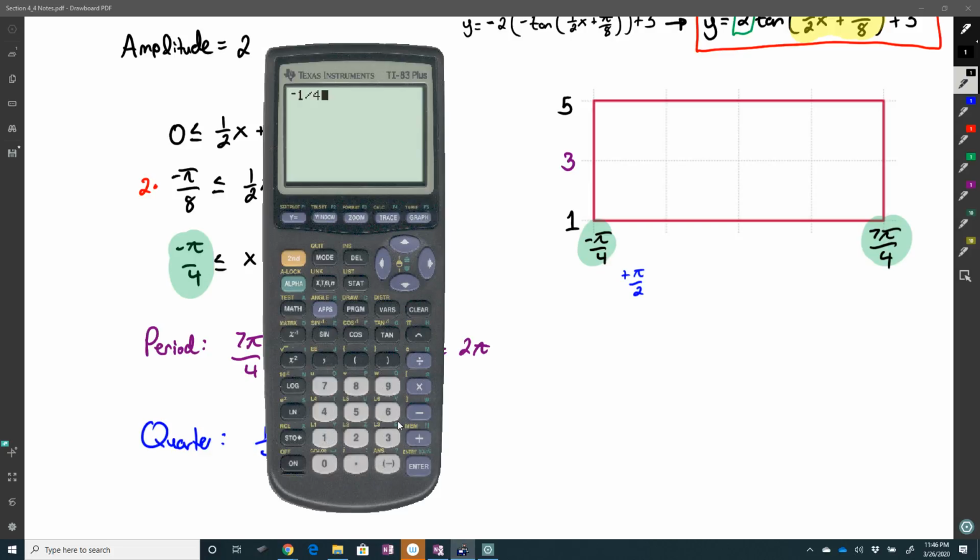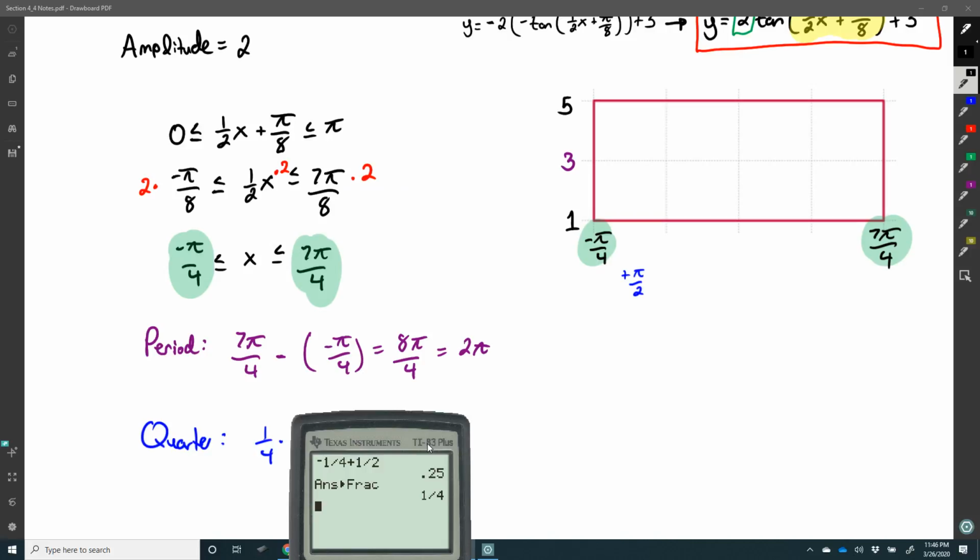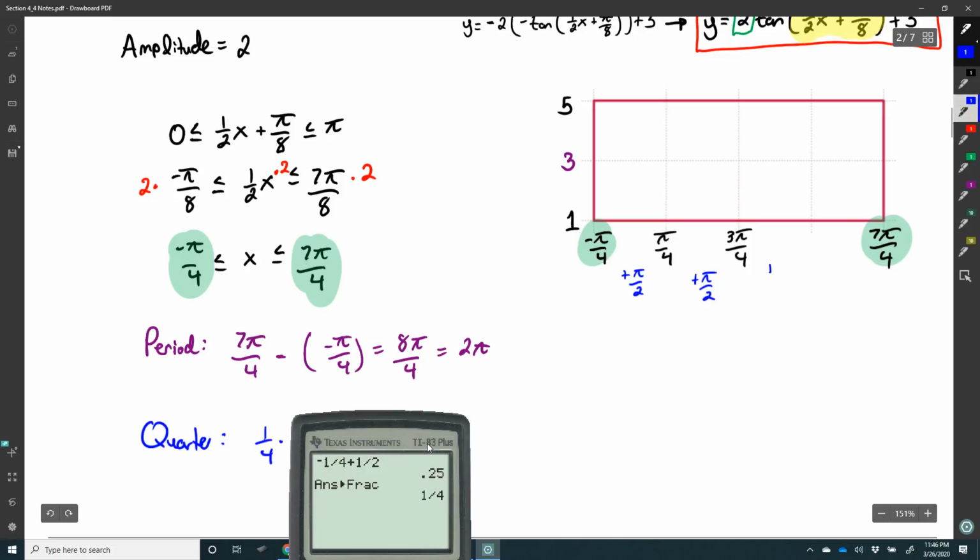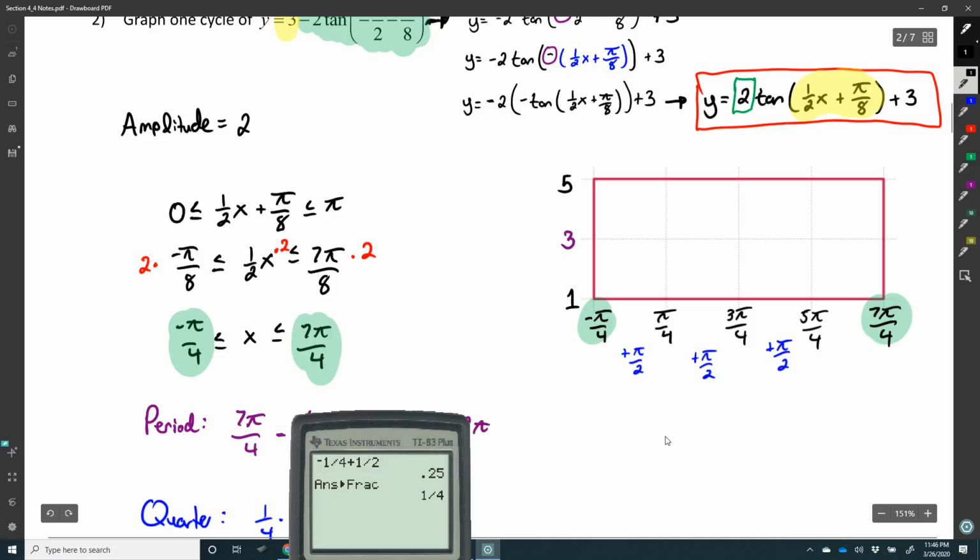Just ignore the pi's and write the pi in later. And that's just 1/4. So that means that this is going to be pi over 4. I add another pi over 2. And that's going to be 3 pi over 4. I add another pi over 2. And that's going to be 5 pi over 4. And then you have 7 pi over 4. All right. So now I can graph in my box what it would look like.